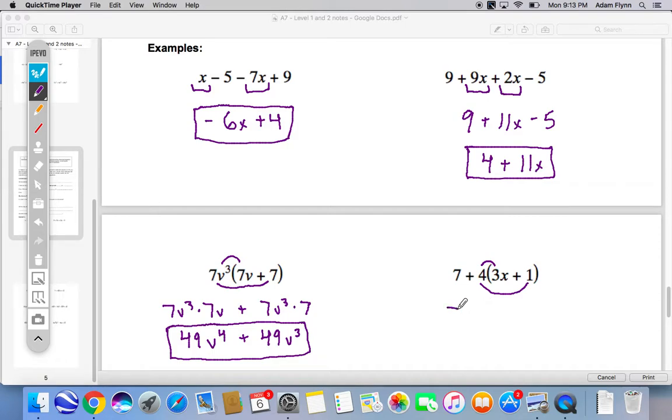So I have this 7 that I haven't touched yet. I have 4 times 3x, which is 12x. And I have 4 times positive 1, which is plus 4. So I'll try to combine what I can. I have this 7 and this 4. So I have 11 plus 12x. I can't combine, so I'm left with this linear binomial.